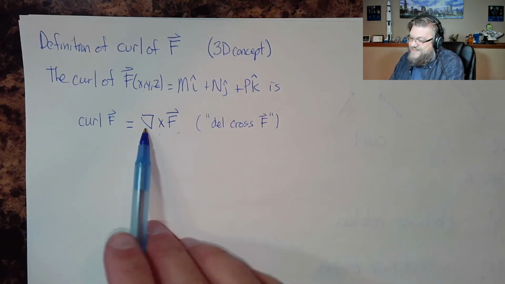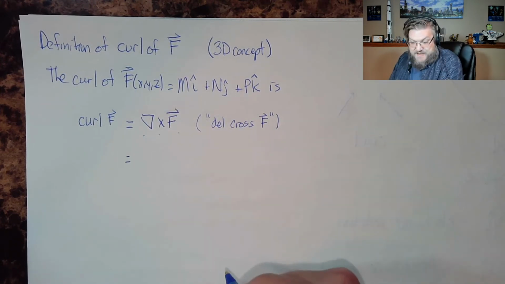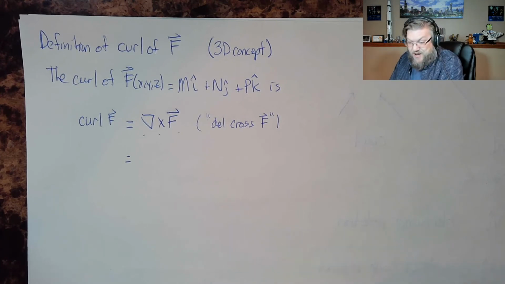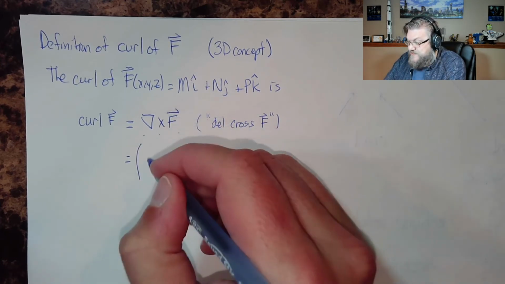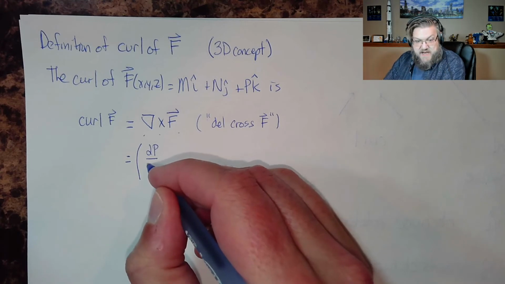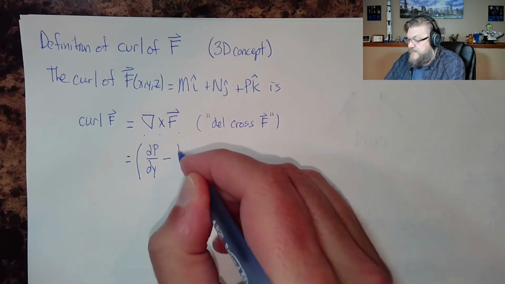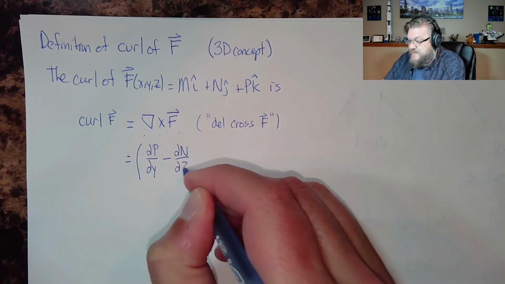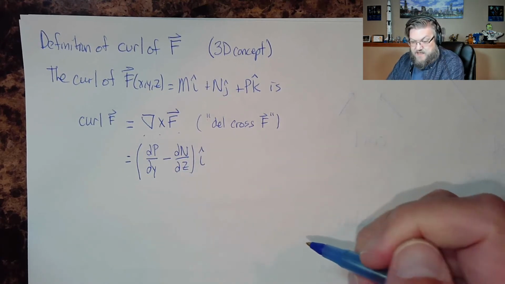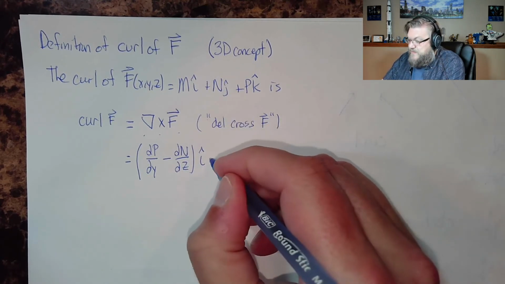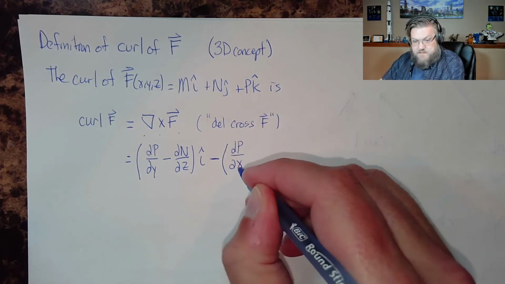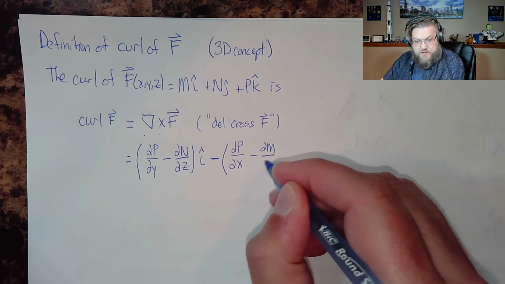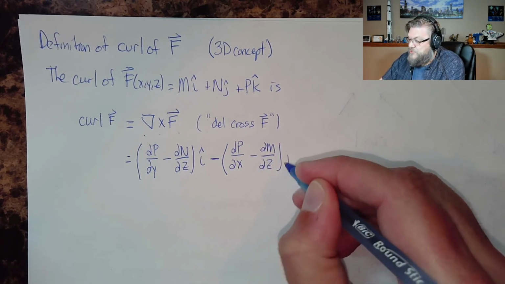Okay. Now, why is it written like that? Because it does involve a cross product in a certain way. Okay. Here again is the scary way of writing it out. Partial of p with respect to y minus partial of n with respect to z. That's the i component. Built-in minus, partial of p with respect to x minus partial of m with respect to z, j.